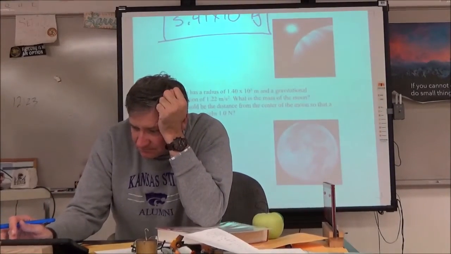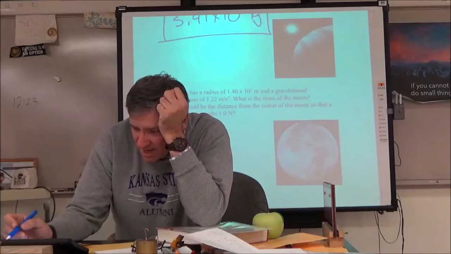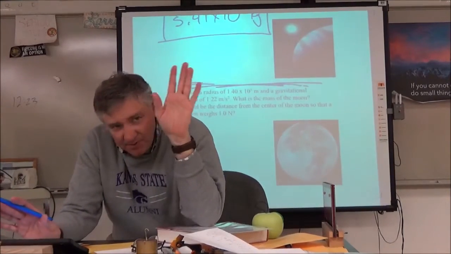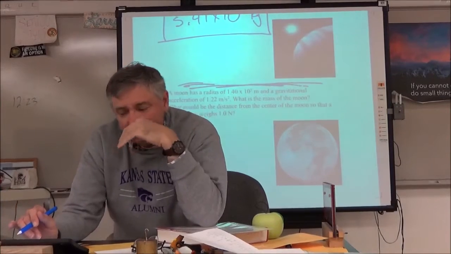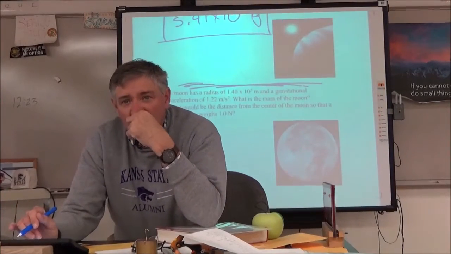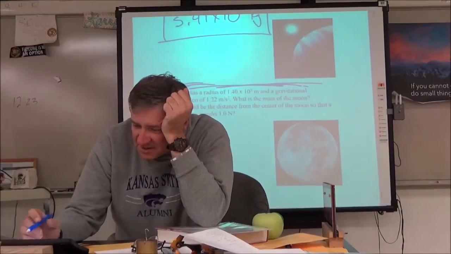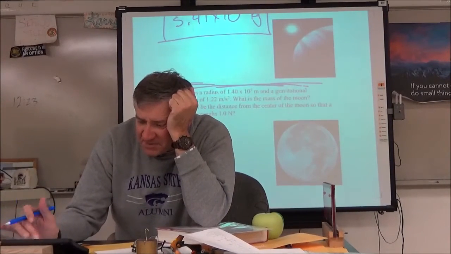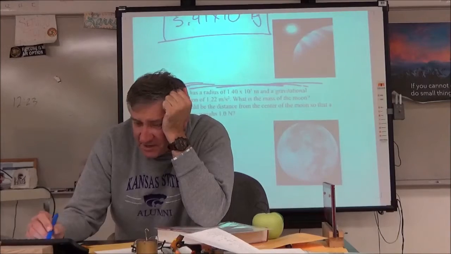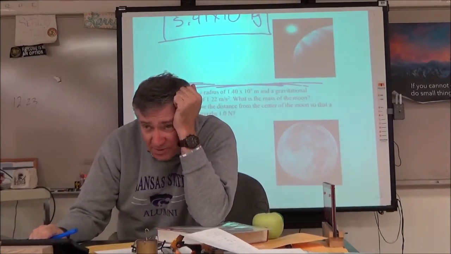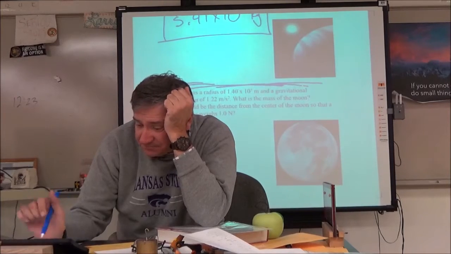Now, we have one problem left, and if we can do this one, then I'm feeling good about life, okay? So, here's this moon. We land on it. We set up a pendulum. We figure out that little g is 1.22 meters per second squared.